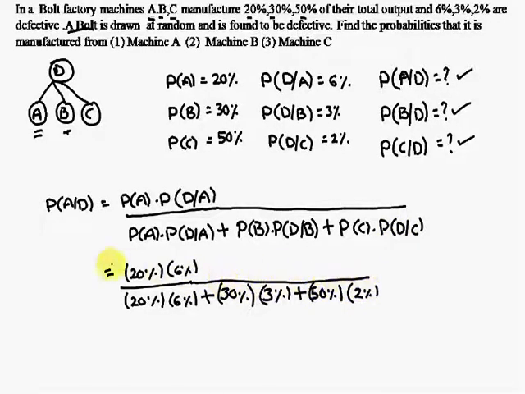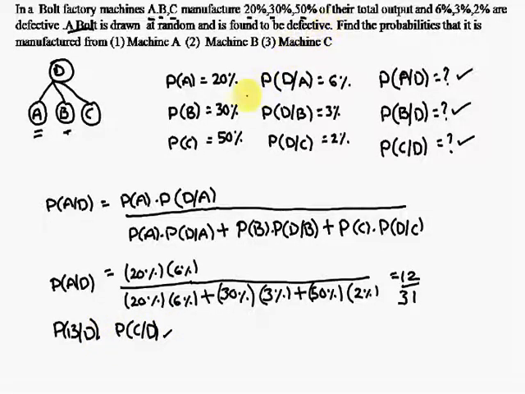If you simplify this, you are going to get the probability of A given D occurs as 12 by 31. Similarly, you can do it for probability of B given D occurs, and probability of C given D occurs.